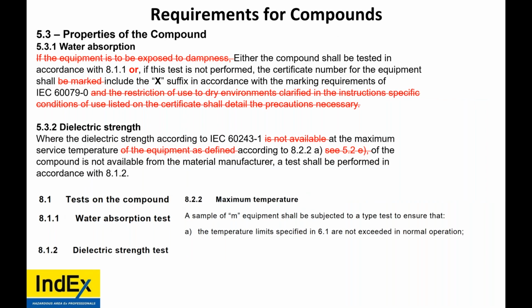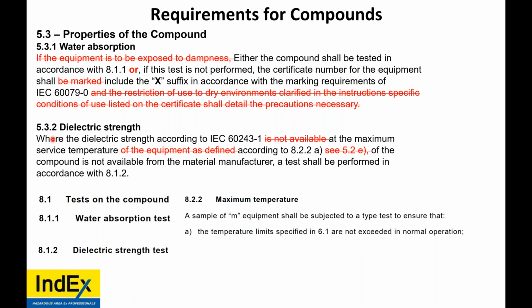So, requirements of compounds. Either the compound shall be tested in accordance with 8.1.1, which, when you look at the bottom, means a water absorption test. Or, if the test is not performed, the certificate number for the equipment shall include the X, conditions of use, in accordance with marking of 60079-0.